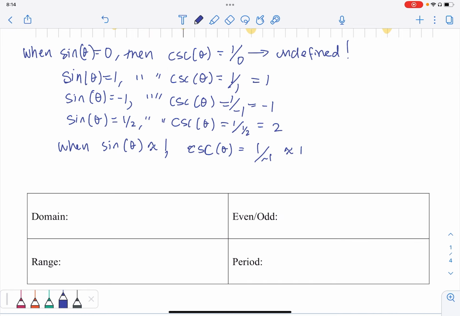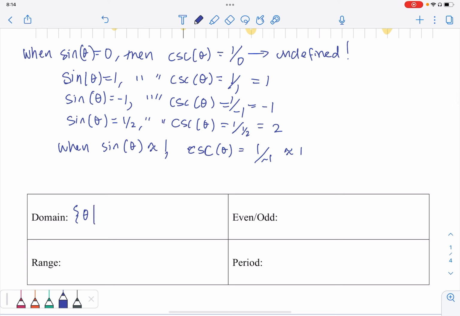So I'm going to say the domain is all theta such that theta is not equal to n pi, where n is in the set of integers. Theta cannot equal n pi, where this symbol means belongs to, and this big Z means the set of integers.